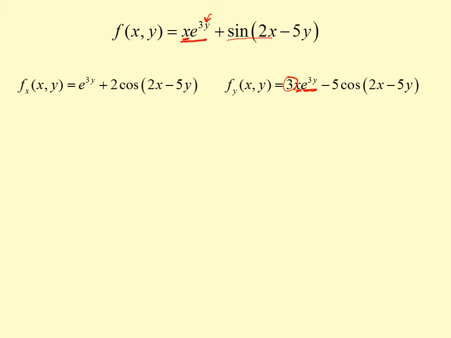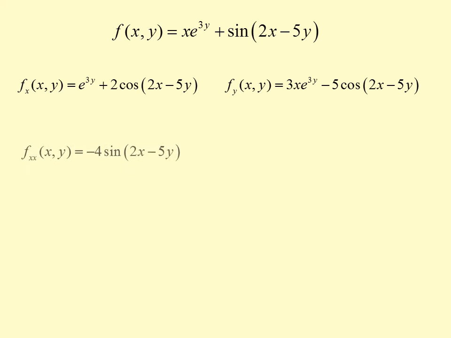And same thing on sine 2x minus 5y. The derivative of sine of anything is cosine of the same thing times the derivative. The derivative of 2x would be 0. The derivative of negative 5y would be negative 5.